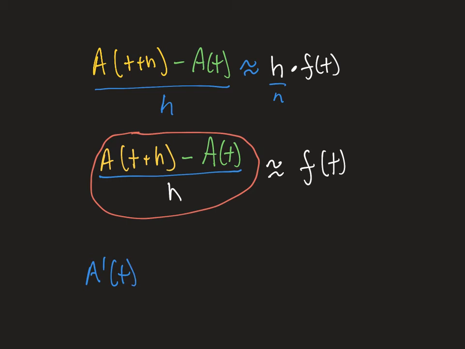So a prime of t is exactly equal to the limit as h approaches 0 of this difference quotient, a of t plus h minus a of t over h. That's a doggone fact, right?